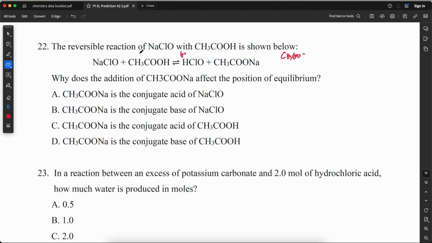So this will be acid, this will be conjugate base, this will be conjugate acid, and this will be acid. So CH3COONa is the conjugate base of CH3COOH.